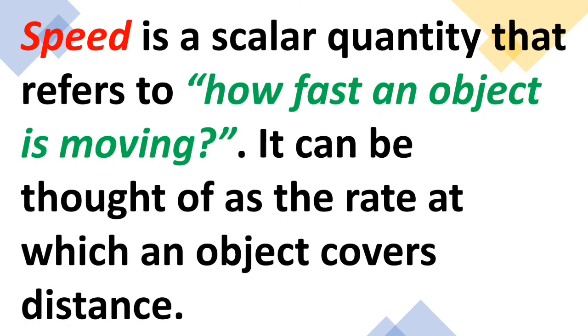Okay, remember, speed is a scalar quantity that refers to how fast an object is moving. It can be thought of as the rate at which an object covers distance.